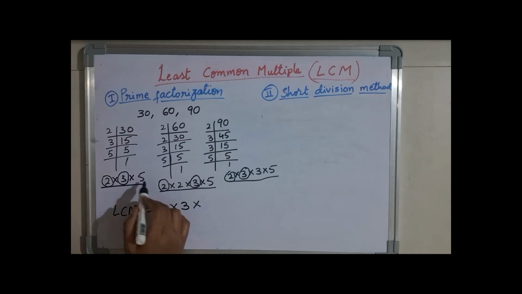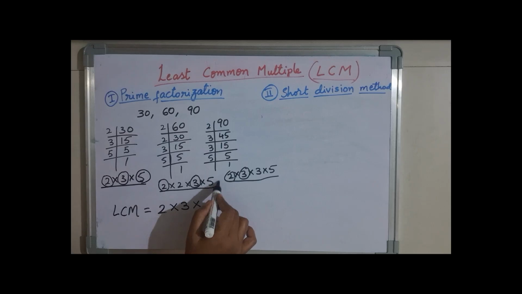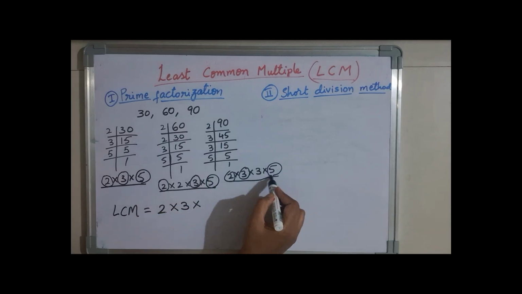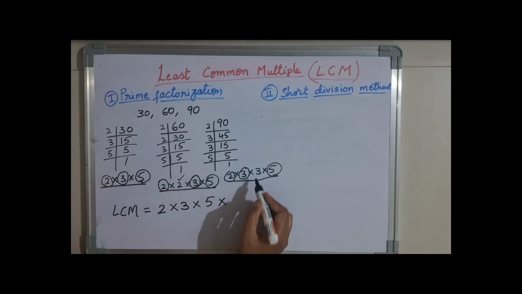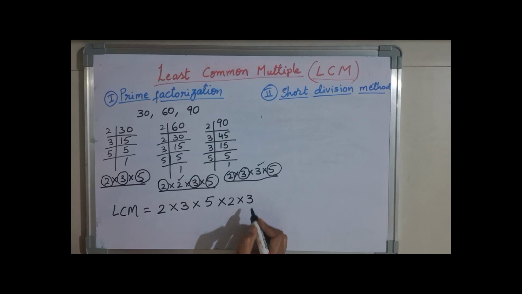And our next common factor is 5, so I am writing 5 here, multiplied by. And whichever numbers are left over, children, which are not common, the left over 2 and 3, those also you have to include here. Multiplied by 2 and multiplied by 3, which is equal to 180.